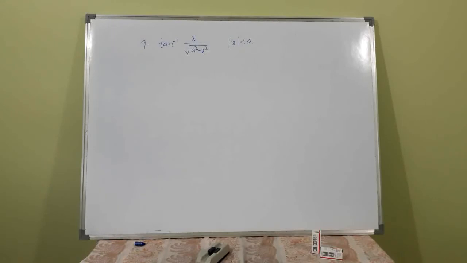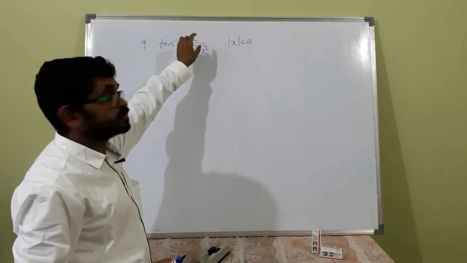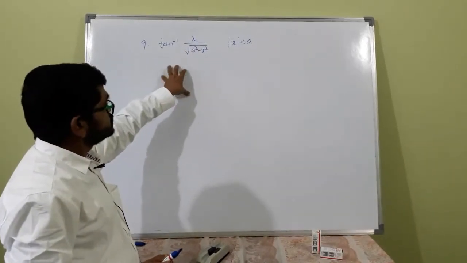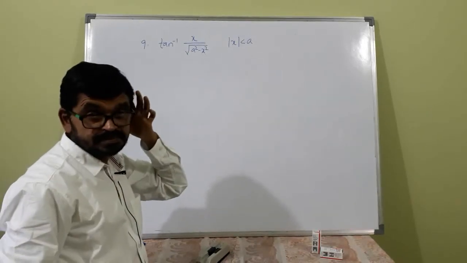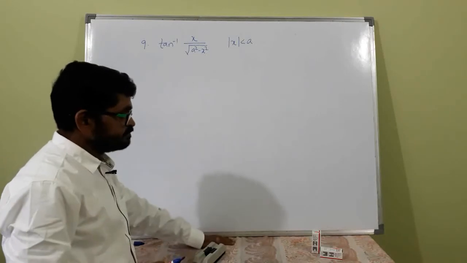Tan inverse of x by root a square minus x square. Here also you have to substitute. So if you substitute x is equal to a sin theta, what happens? You have some imagination. By solving examples, you will get that.